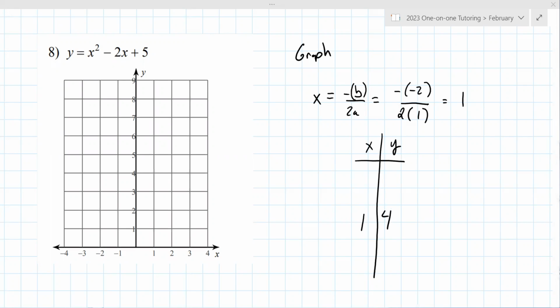Then x is 0, y is 5. And then x is 2, y is 5.